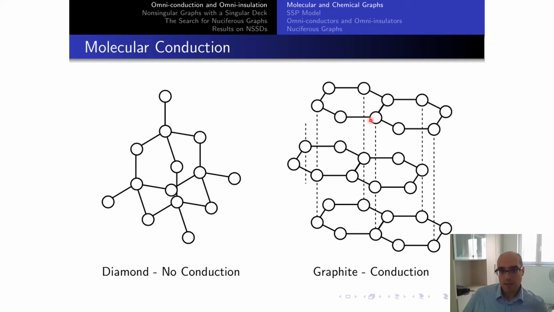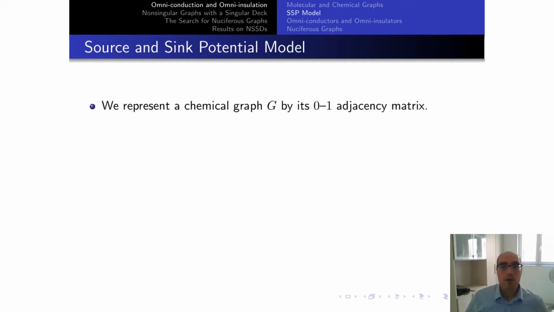The point here is that since the degree is 3 at most, we do have conduction here and we have an unsaturated system, which means that here we can look for the conduction between atoms. So we have a chemical graph, as we said, and we're going to represent it by its 0, 1 adjacency matrix as usual.